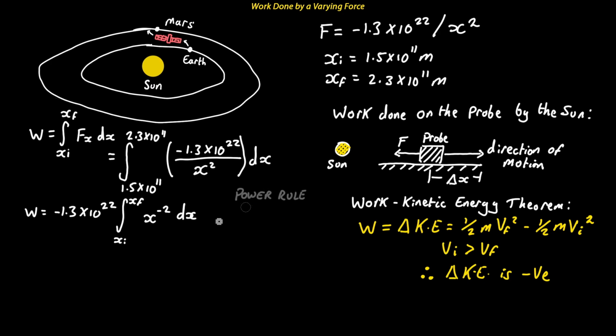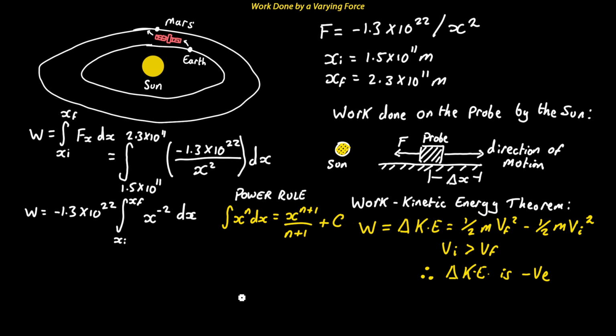Now we can use something called the power rule in integration to solve this type of problem. And the power rule can be summarized with this equation here. So the integral of x to the power of n dx is equal to x to the power of n plus 1 divided by n plus 1 plus a constant c. Now when we have a definite integral, this constant gets cancelled out.